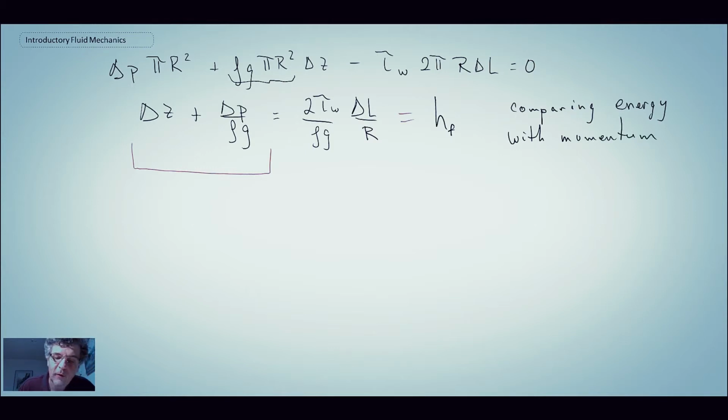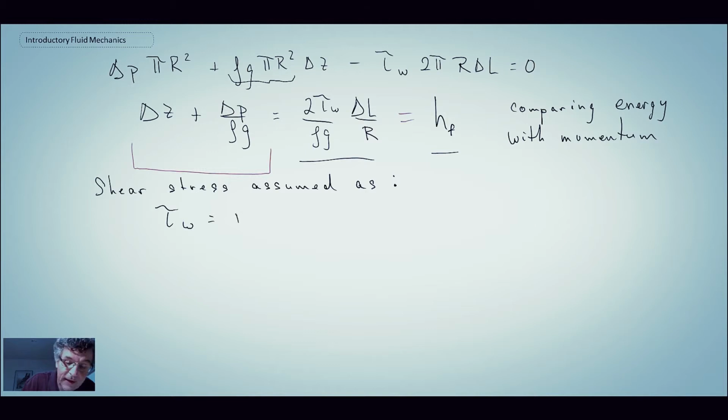Okay, so what does that do for us? Well, we have this relationship now between the head loss and our shear stress. We're now going to use dimensional analysis. And so we saw the Buckingham pi technique earlier on in this course.